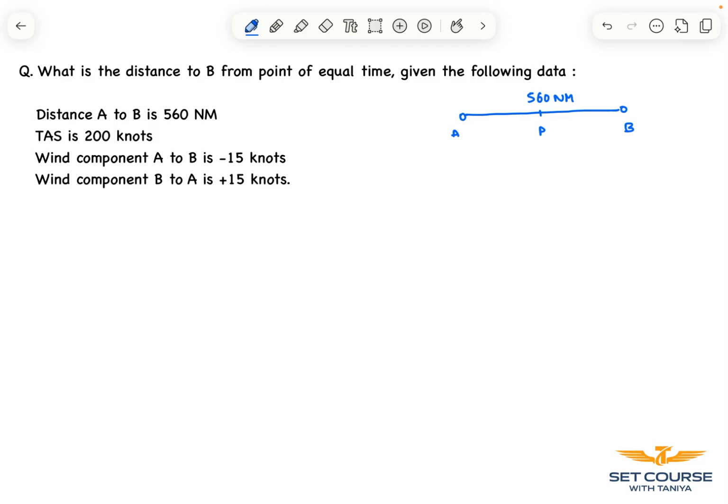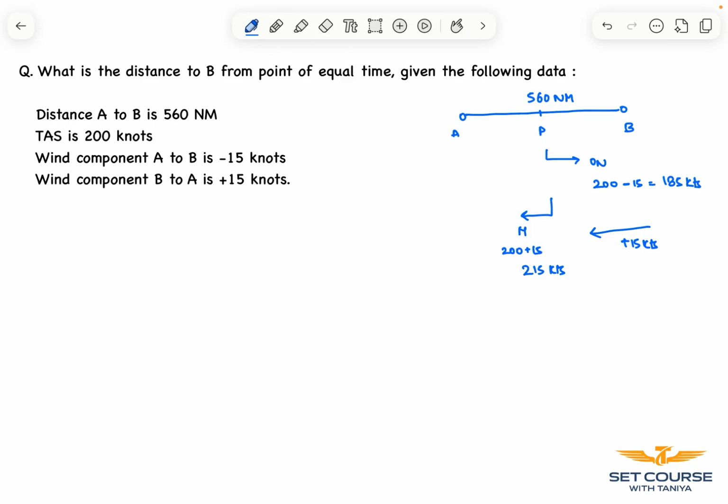Now A to B, it is going to affect our speed onward, which was TAS 200 minus 15, which is 185 knots. And the wind component from B to A is plus 15 knots, which increases our ground speed home as 200 plus 15, which is 215 knots.